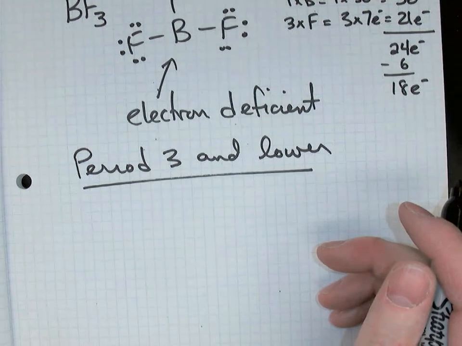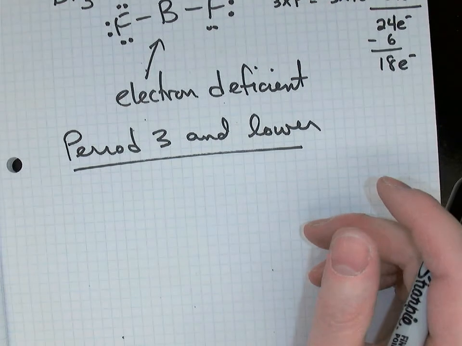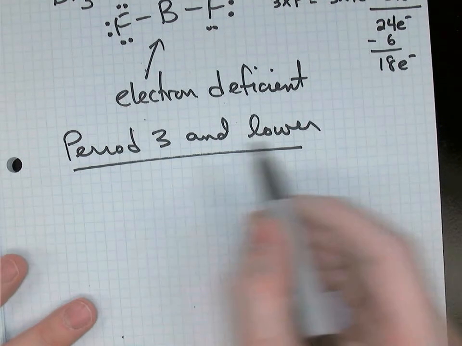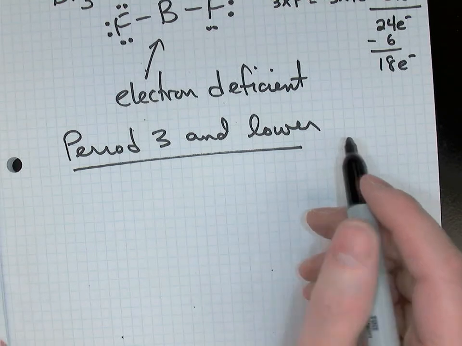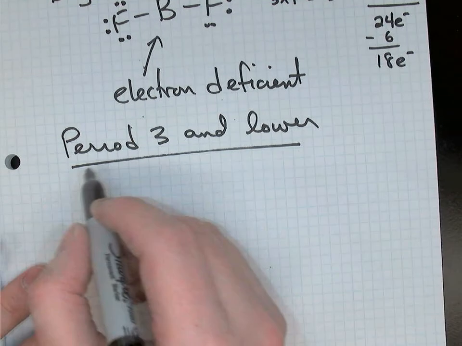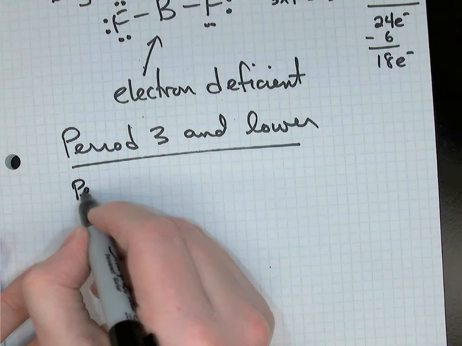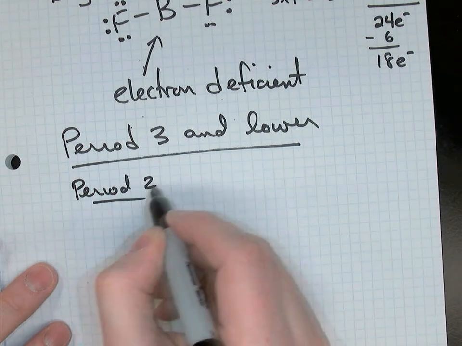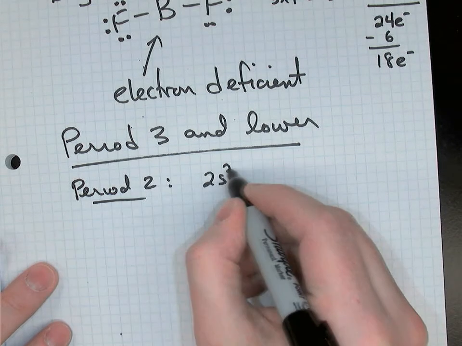Carbon, nitrogen, oxygen, etc. But what happens when you get to period 3? We'll see the problem here is that if you're in period 2, your valence electrons are in the 2s and the 2p sublevel.